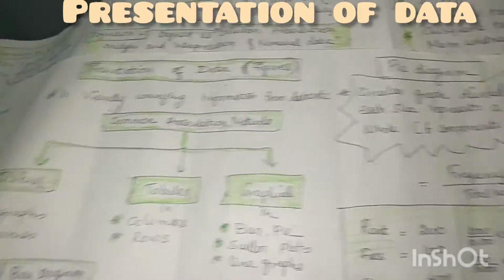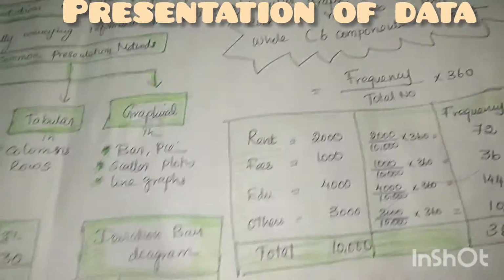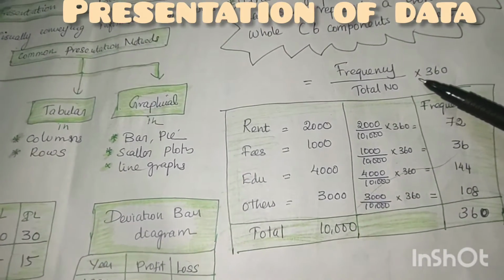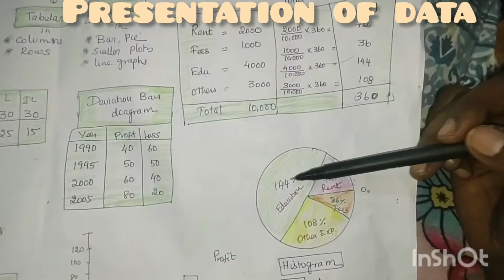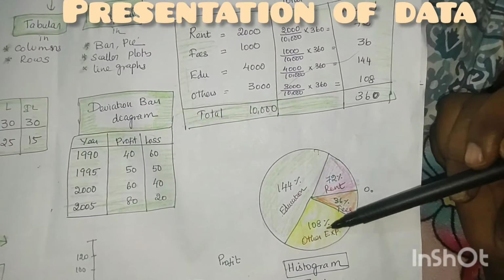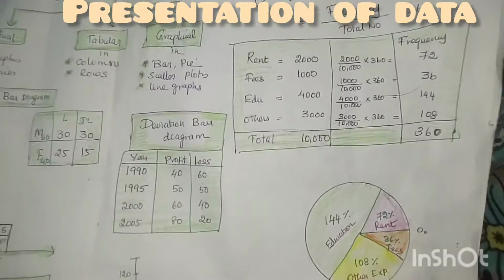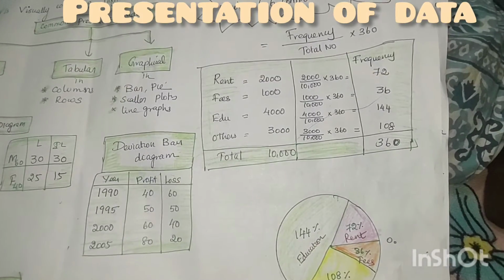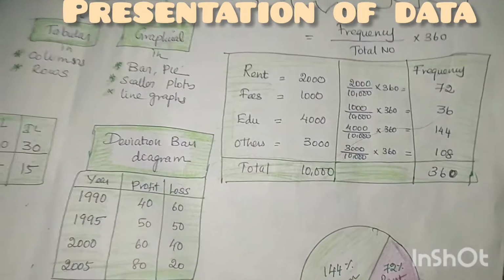In this pie diagram, as nursing students, first you have to understand, make the frequency and the total number into 360. First thing, you have to conceptualize what you are going to see in this diagram. For example, religion, education, whatever the data may be, you put it in a form. Here I have put the rent expenditure of the family.